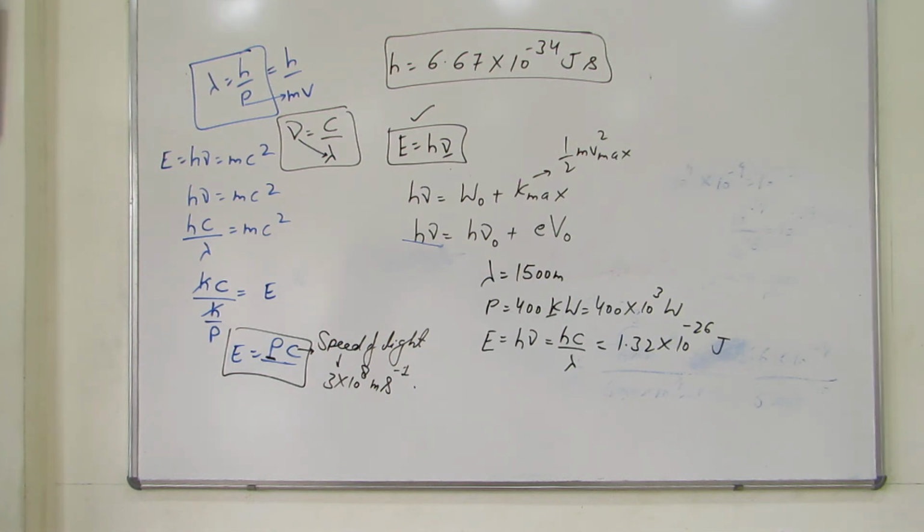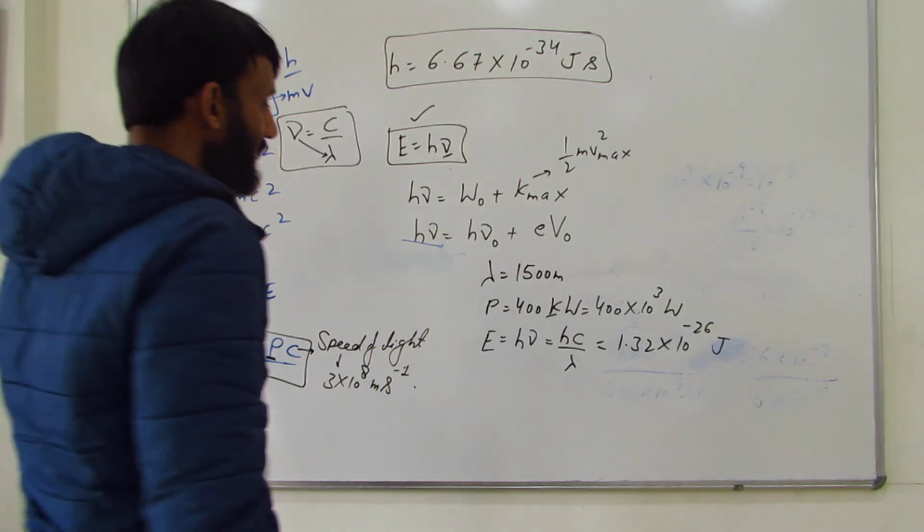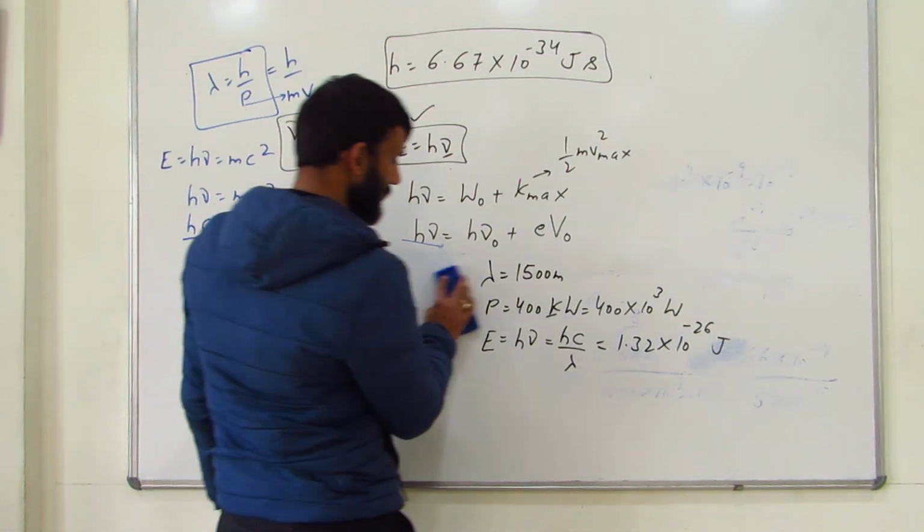One more I will read out. Find the momentum of a photon of energy 3 eV. 3 eV. So eV is the smallest unit of energy.